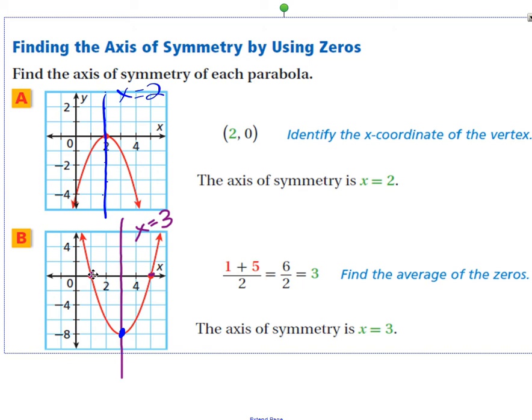Does she still want to answer? Right, but what if we had the axis of symmetry and we wanted to find the vertex? Okay, put the numbers in the equation, and then what? What numbers? There you go.